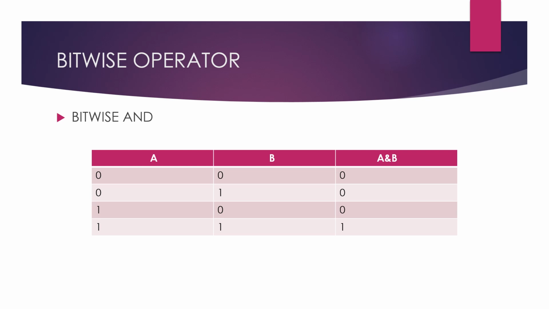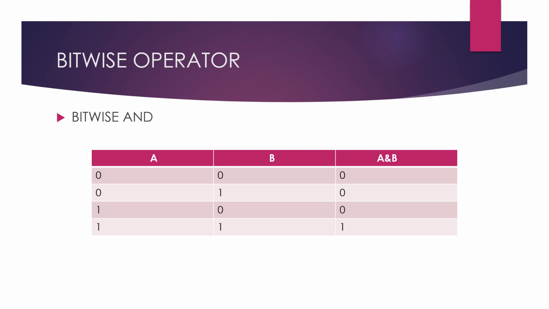So we can see bitwise AND. In bitwise AND operation, it's just like the logical AND operation. If both inputs are true, then the output will be true, or else the output will be false.